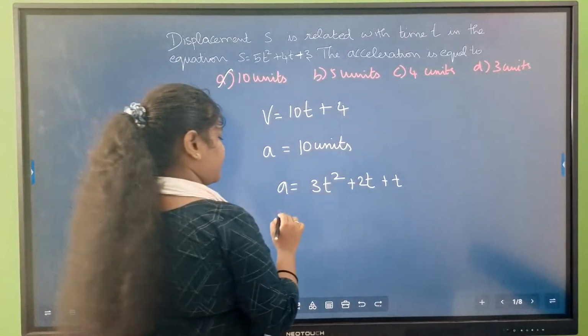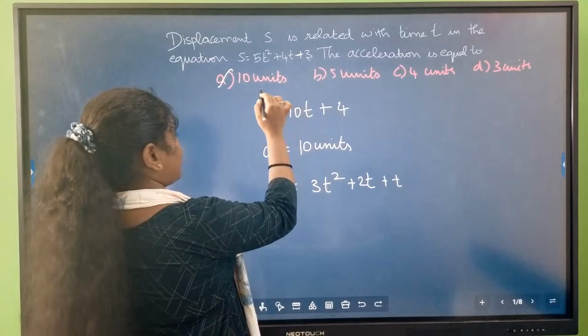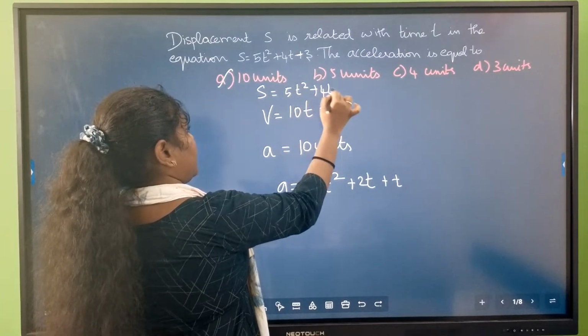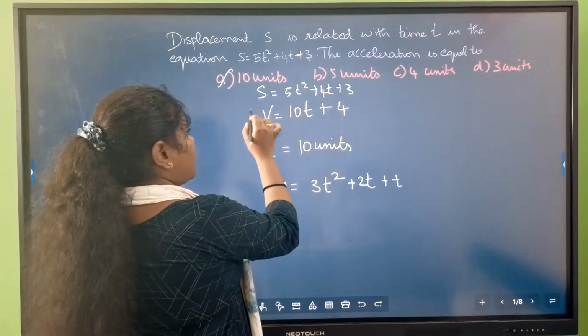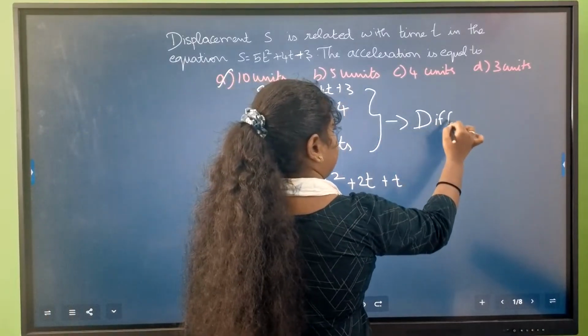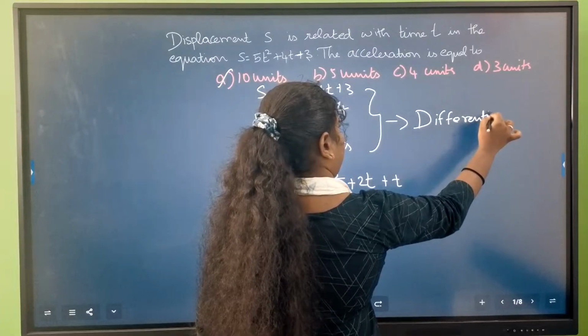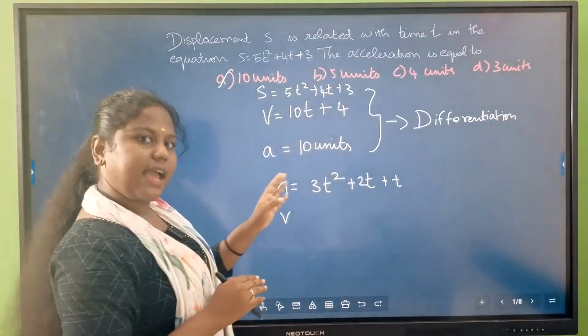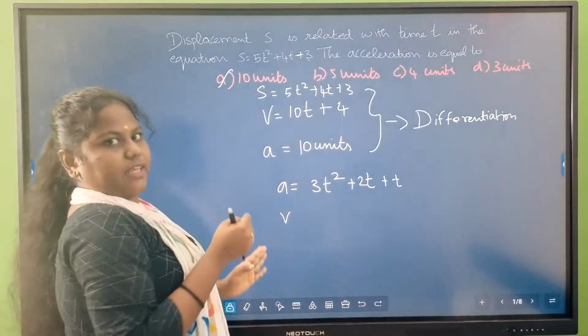What do you do? In the previous case, they gave displacement as 5t square plus 4t plus 3, and we did this using the method called differentiation. Am I right? In this case, they have given acceleration and you have to find the velocity.